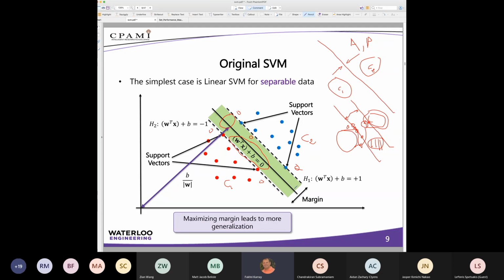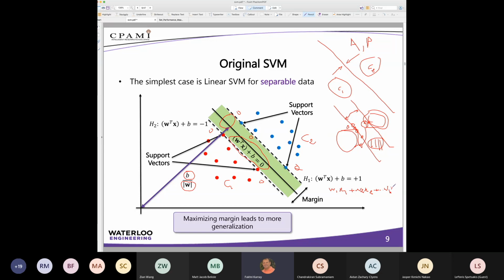What is this margin? What is the value given by this margin? This margin is given by the value of b divided by the Euclidean norm of omega. Remember that omega is a vector. That's why we put it as transpose. It's omega 1 x1 plus omega 2 x2 plus omega n xn in hyperspace.